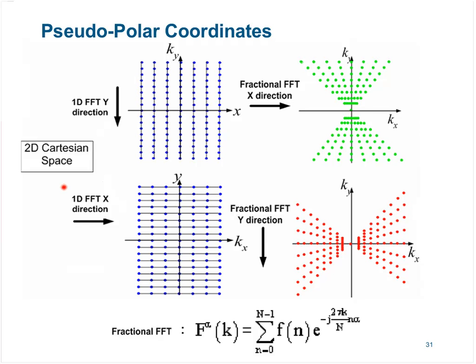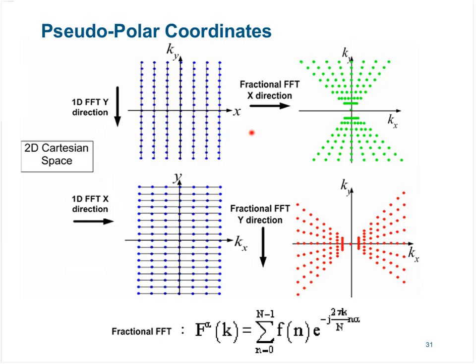Similarly, if you apply a one-dimensional FFT along the x direction, then you get the spatial frequency variable kx along the x-axis, but along the y-axis, the spatial variable remains the same as y.